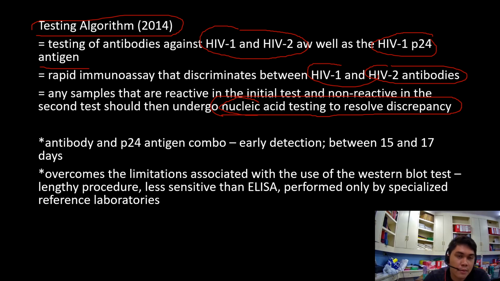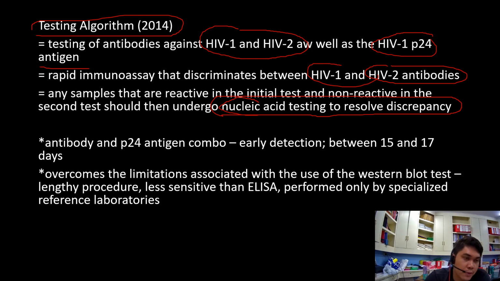It's because in HIV infection, nucleic acid testing is effective because there's continuous infection. There's no treatment or cure for HIV, so the antigen is always present. Okay, so you can always check for nucleic acid, and you can perform nucleic acid testing as the confirmatory test.